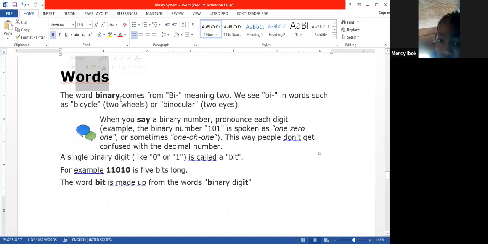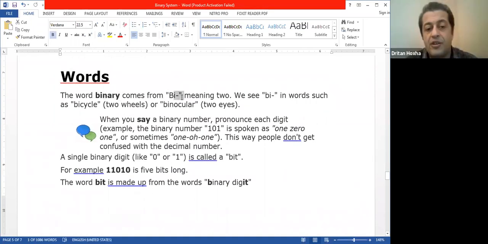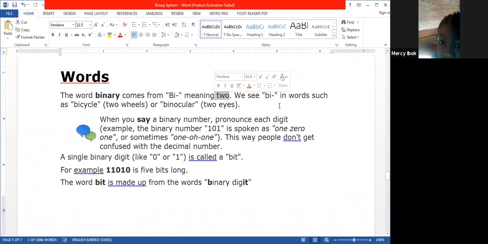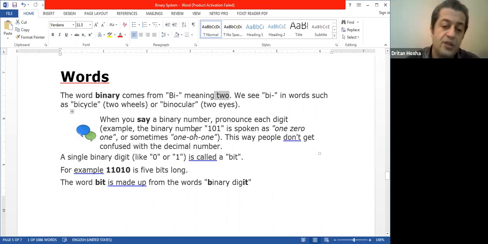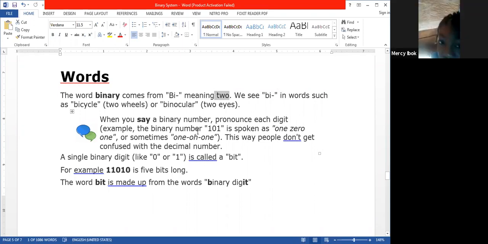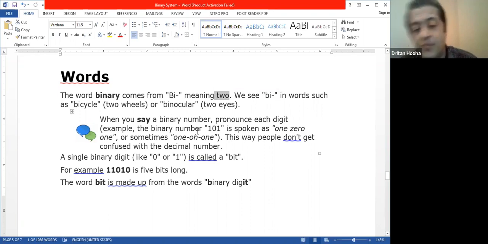The word binary comes from bi, which means 2. So the binary system is the system of numbering with base 2. When we say a binary number, we pronounce each digit.